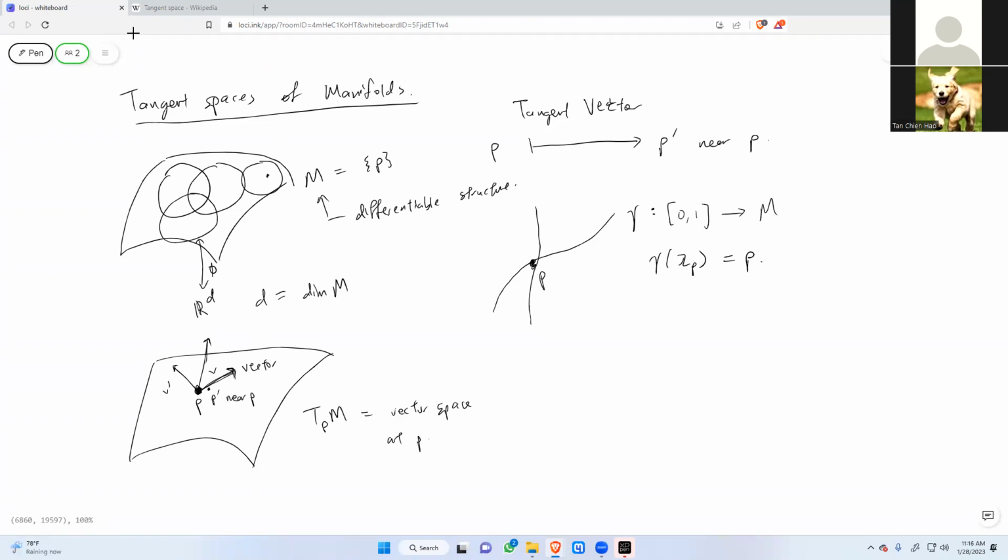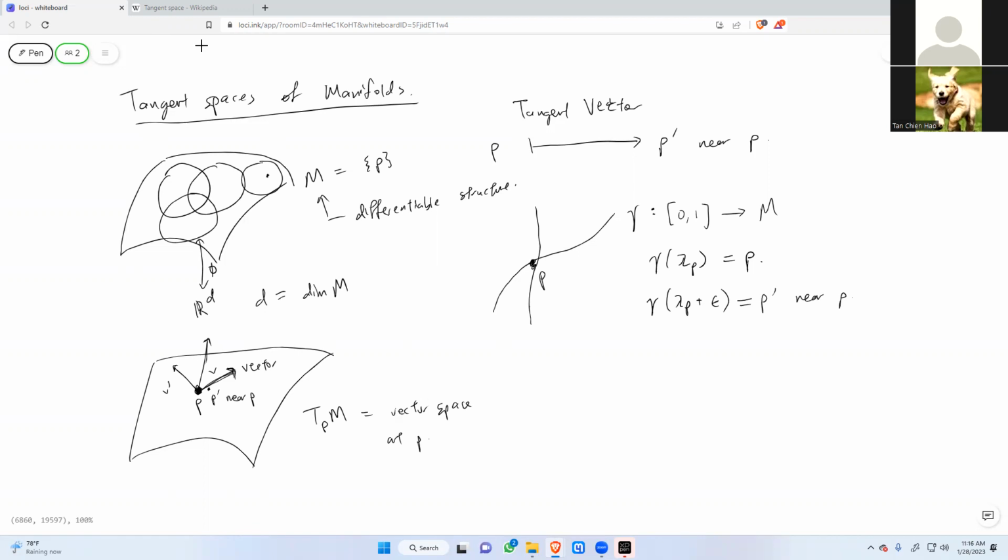What this curve allows us to do is take this lambda p and move it by a small amount epsilon, and that will give us a point P prime that is near P.